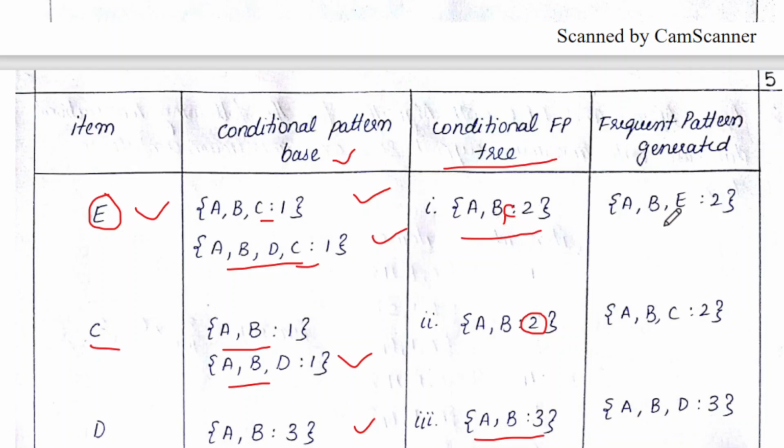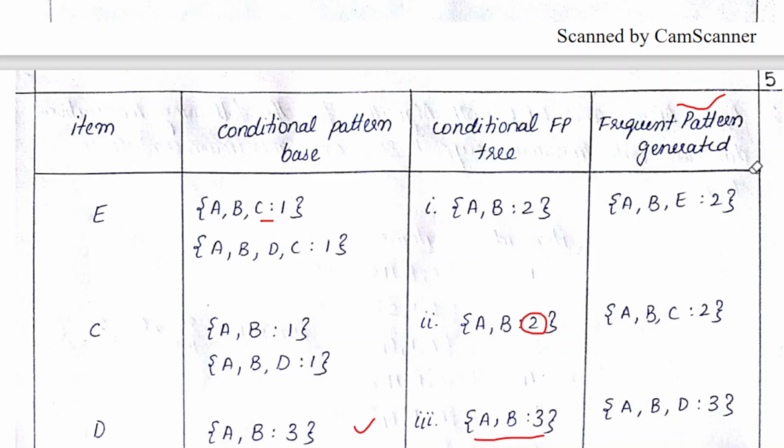Next step is how to generate the frequent patterns. This is the last step. Let us take the example of this particular set, AB.